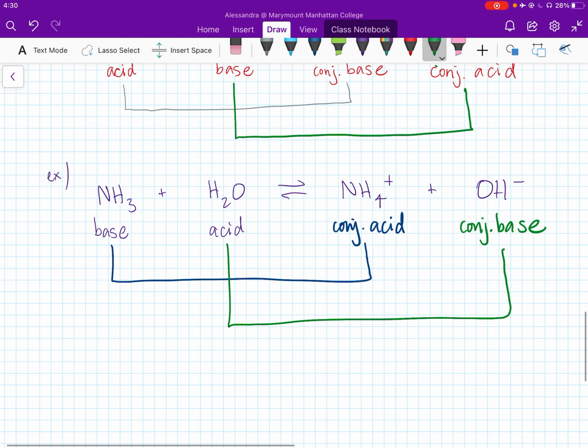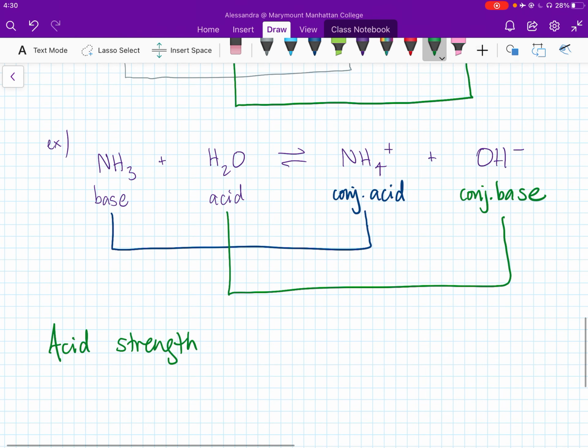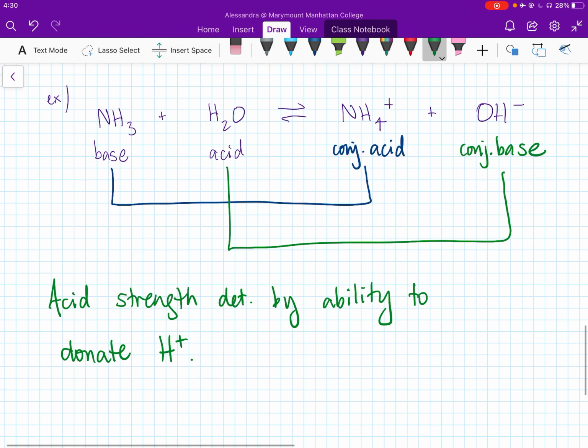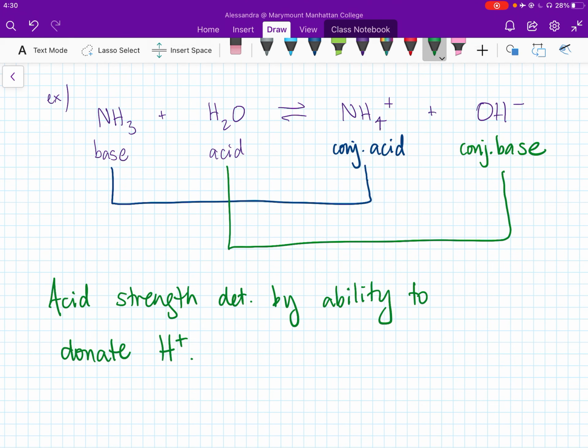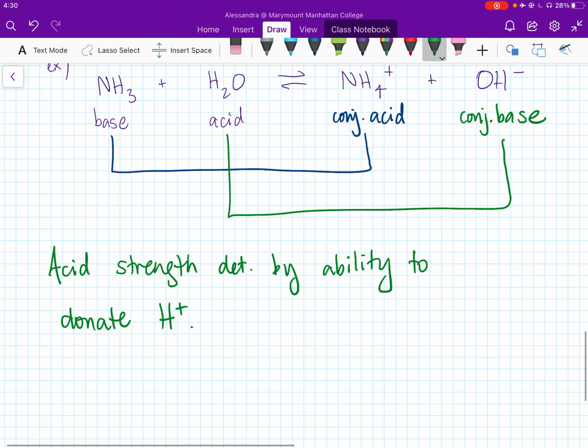Furthermore, acid strength is determined by the ability to donate protons. We can think of that in the Bronsted-Lowry definition. How good of a proton donor is this species? The better it is at donating protons, the stronger the acid. Okay, greater donation of protons, stronger acid.